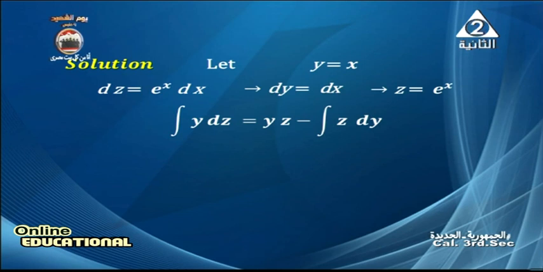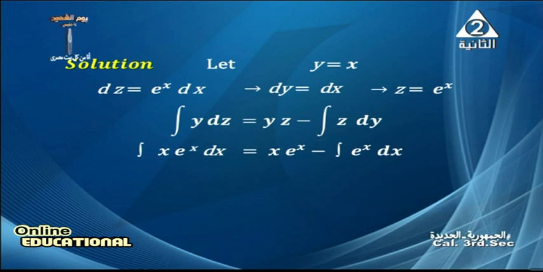Then the integration of the function x e to the power x dx equals y multiplied by z, x multiplied by e to the power x, minus integration z dy, integration e to the power x dx.